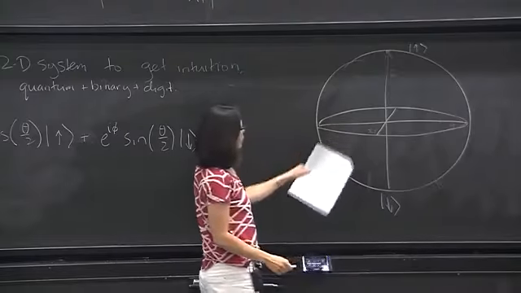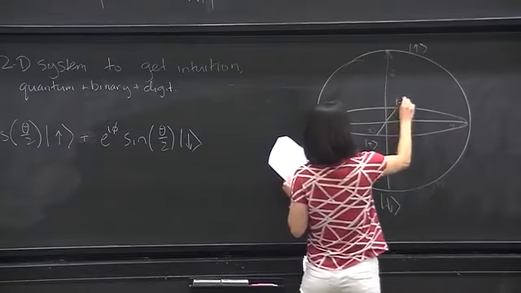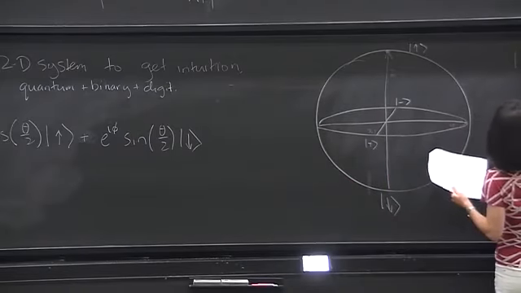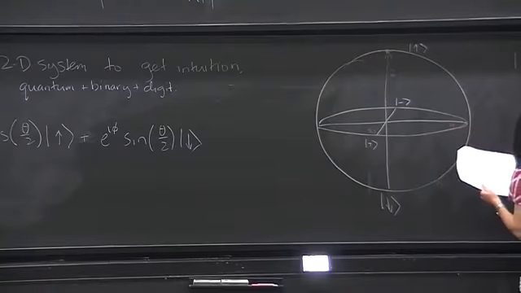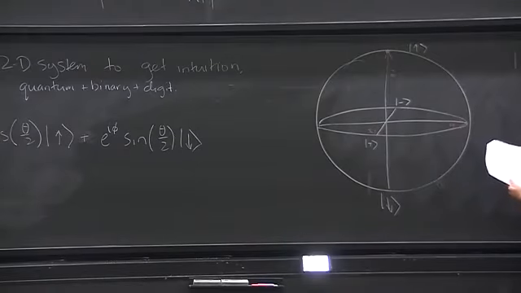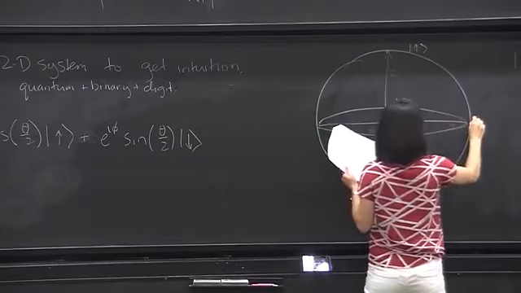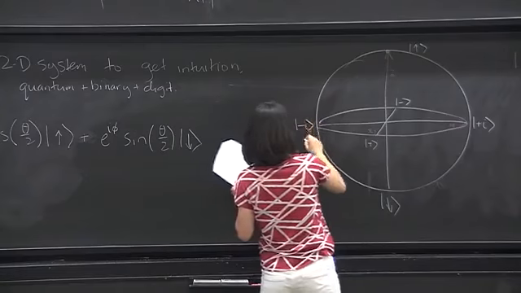And then we can label the other points on the sphere, which I will call this plus and this minus, and I will call this plus i and this minus i.